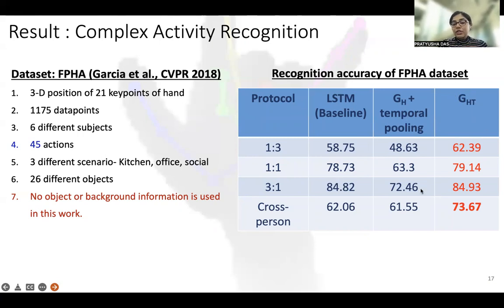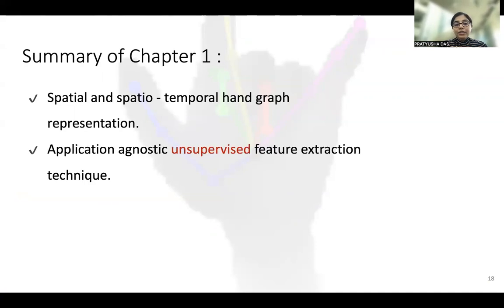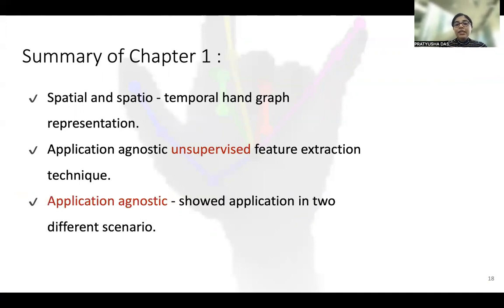And you can see that the spatio-temporal graph features are always performing better. So to conclude this first chapter, I have designed a spatial and a spatio-temporal hand graph to extract the representation. This method is application agnostic and unsupervised. To show that, I have shown applications in 2 different scenarios, segmentation and recognition.